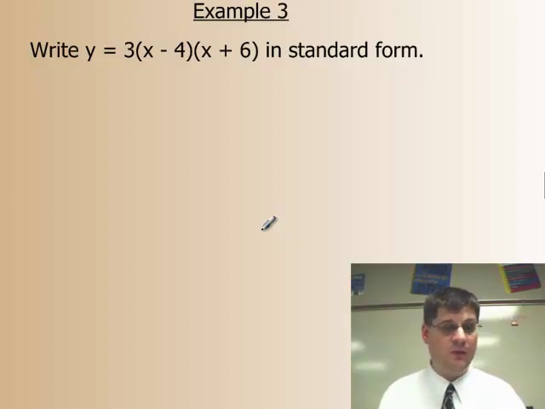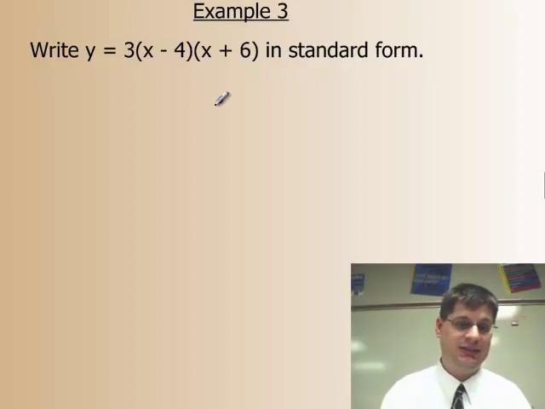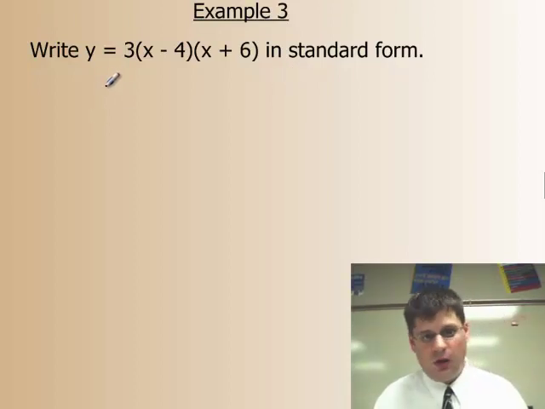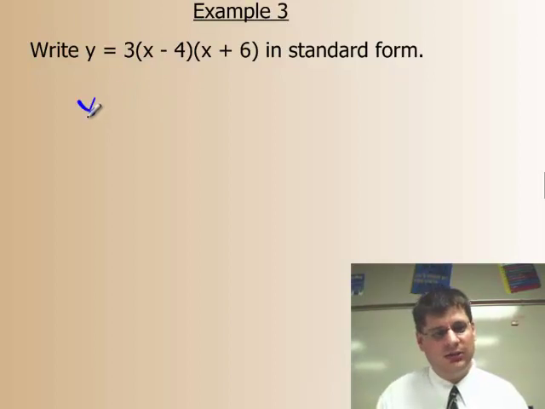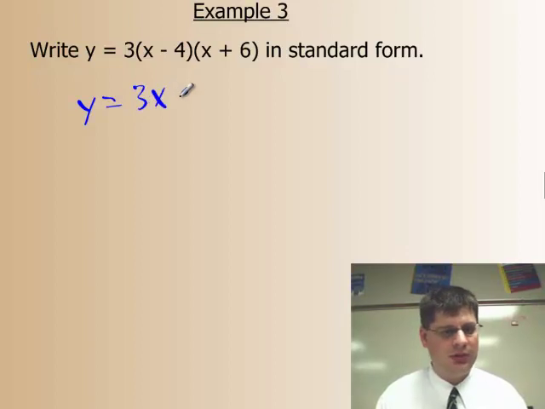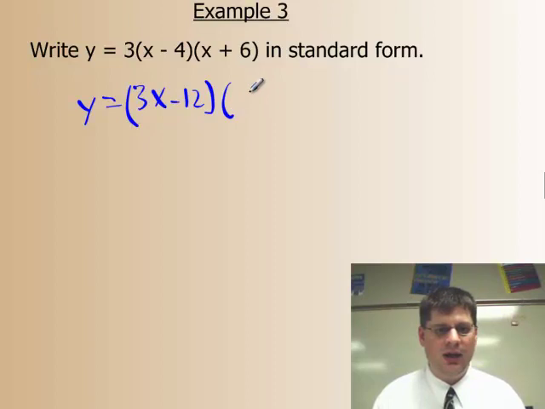We're calling standard form y equals ax squared plus bx plus c. So all you have to do is just multiply this mess together. So y equals, so I'm going to distribute 3x minus 12 and x plus 6.